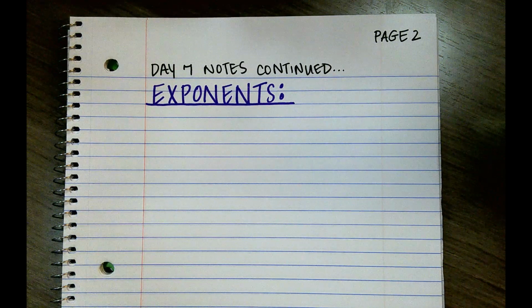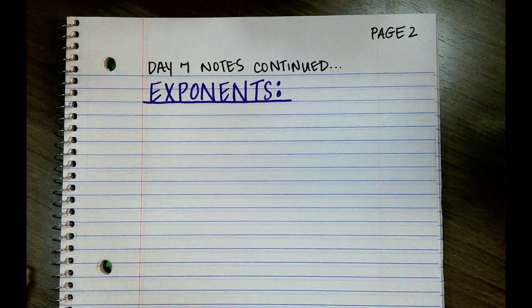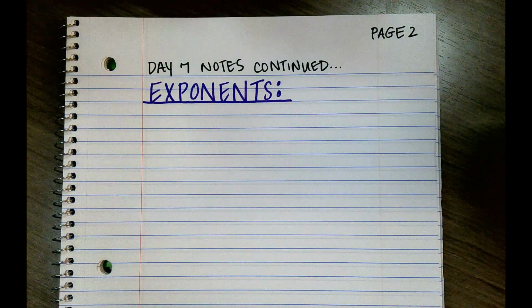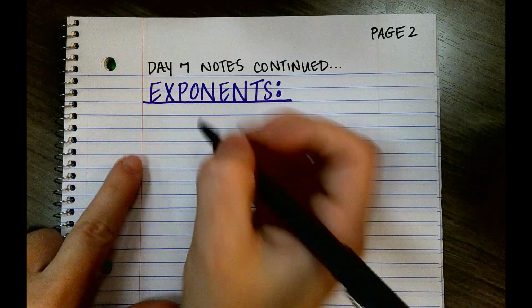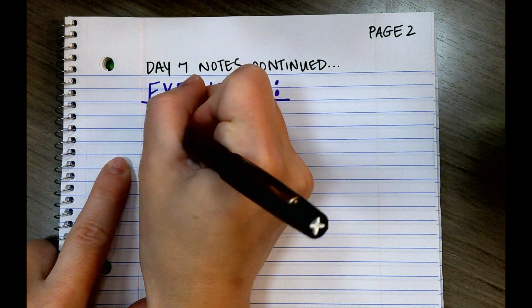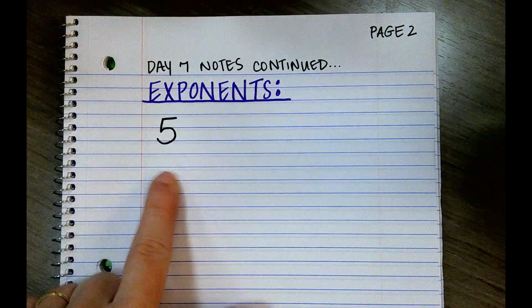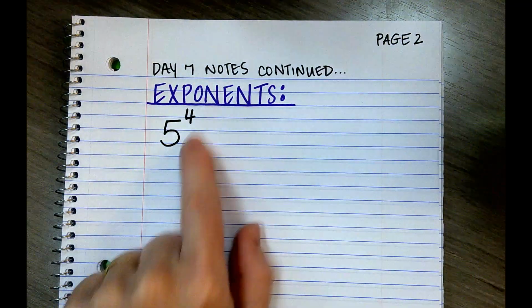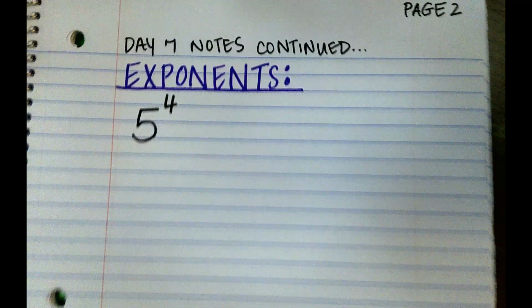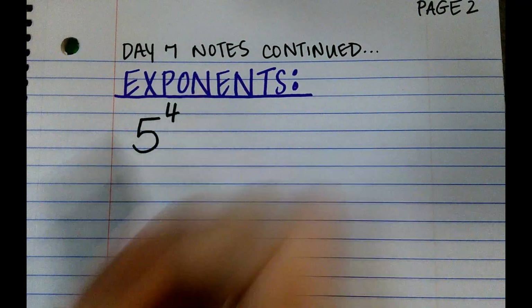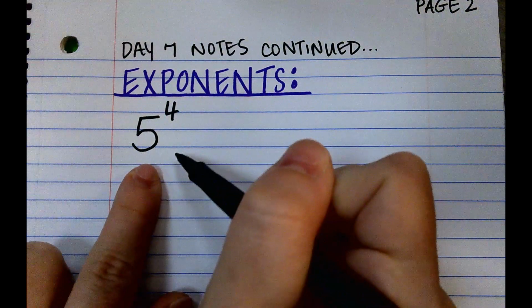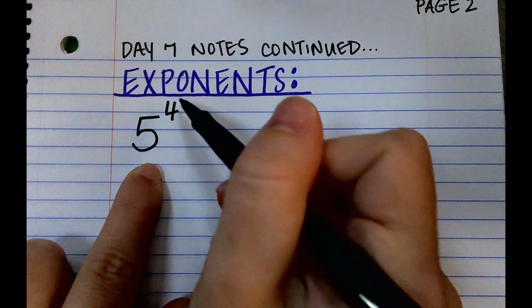I'm going to write an example of a great big exponent using a marker here: a big 5, and then a little 4 up at the top. Exponents are always smaller and they're never written on the same line. It's always slightly above the number.